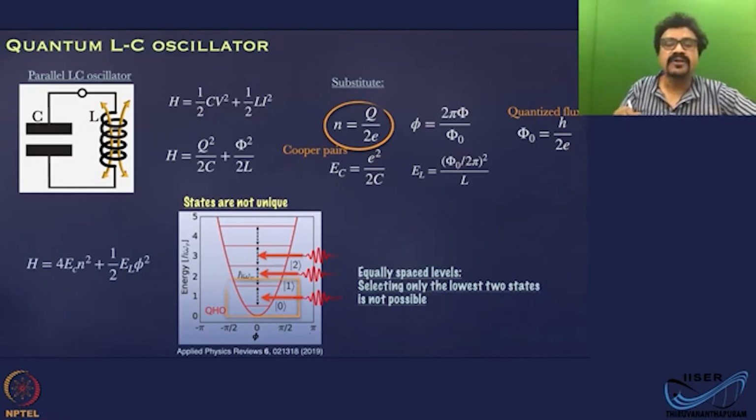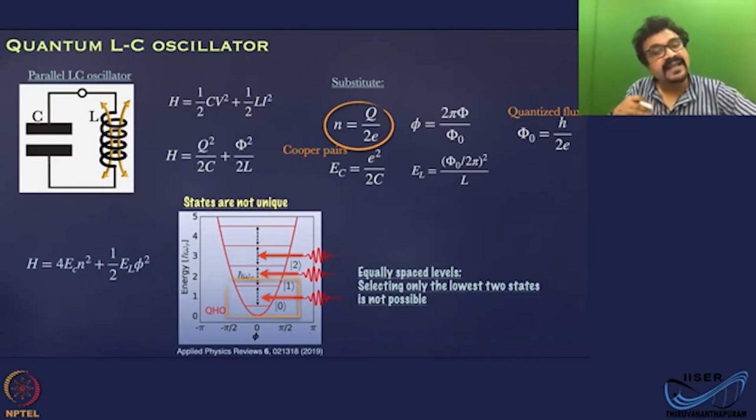Once you substitute all these things, you can rewrite this Hamiltonian as h times 4 E_C n squared plus 1 by 2 E_L phi squared. Again, you get a parabolic relation for the potential, in terms of phase and energy. You can get this also parabolic in n.